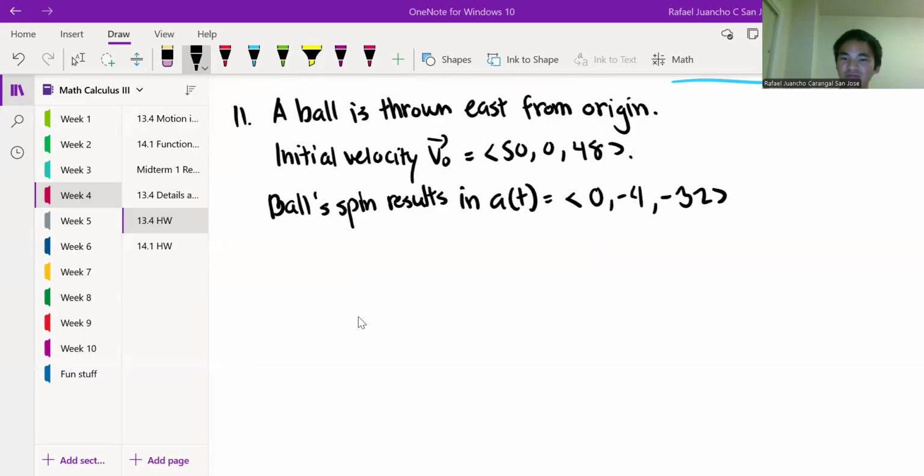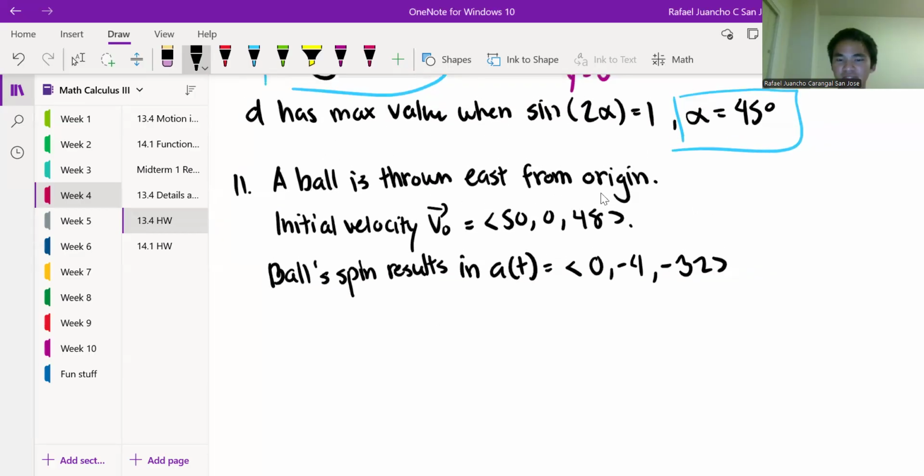So I can't make use of. I'm only given like 3 things here. Initial velocity, thrown east, ball spin. I'm not given a function, so I can't really.